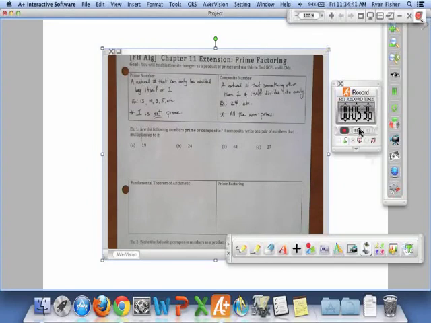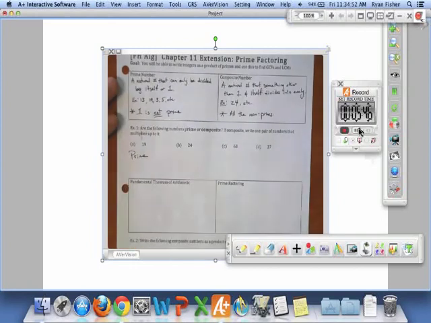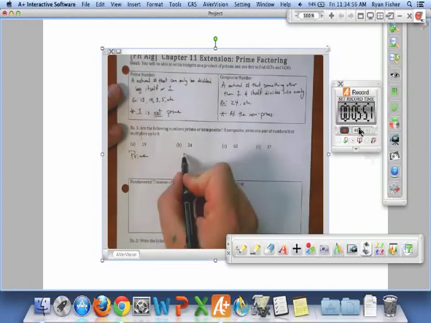Okay, so Riley wants to knock out a couple of these examples. We've already basically done A and B together from the little examples up here. 19 is certainly prime. There's nothing other than 1 and 19 that goes into 19. 24 is a composite number. It's an even number.